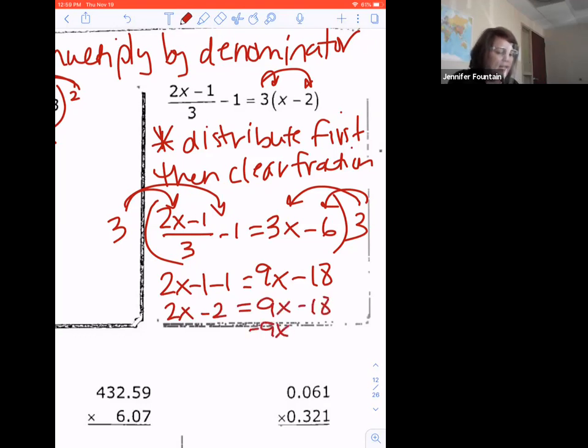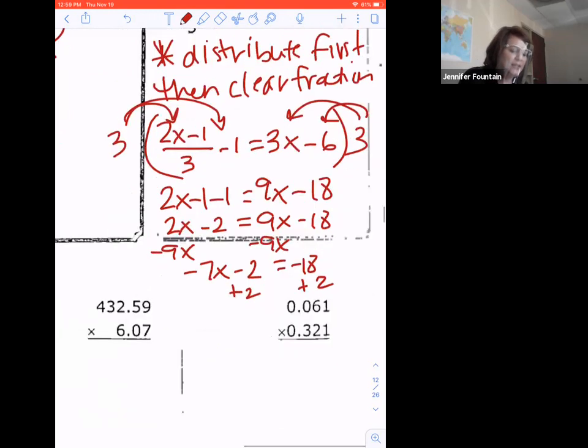I'm going to move my 9x. So I have negative 7x minus 2 equals negative 18. I'm going to add 2 to each side. So I have negative 7x is equal to negative 18 plus 2. Keep the sign of the larger absolute value and then find the difference. And 18 minus 2 is negative 16.